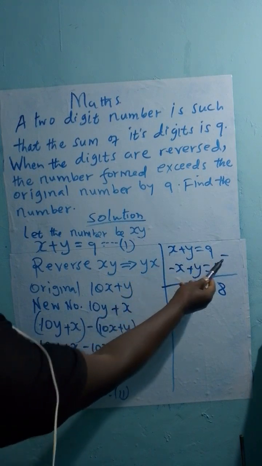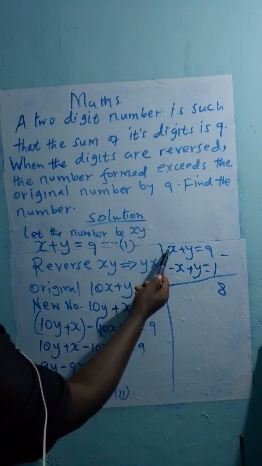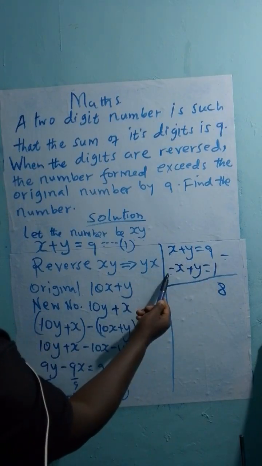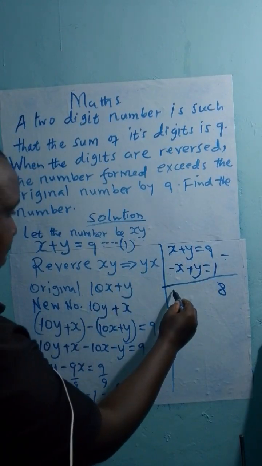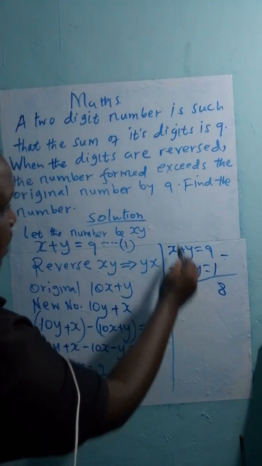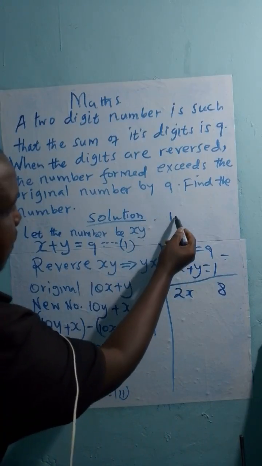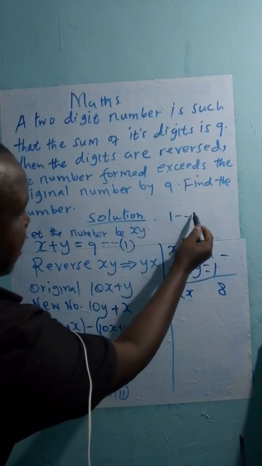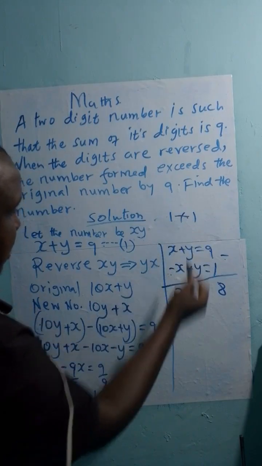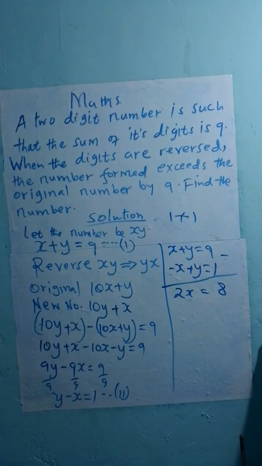X minus x. 1x minus 1x. The answer is 2x. Because it is negative 1, it is 1 minus negative 1. And negative times a negative is positive. So 2x is equal to 8.